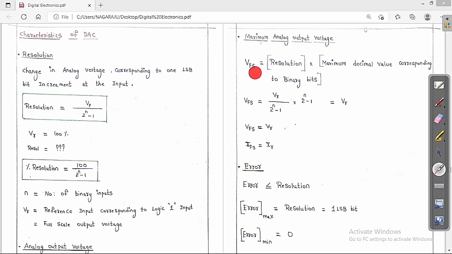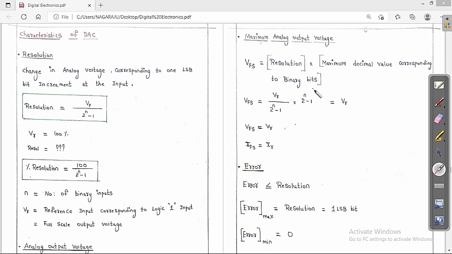Analog voltage is equal to resolution into decimal equivalent of binary input, and resolution is always constant. So whenever the decimal equivalent of the binary input is maximum, we get the output voltage also maximum.